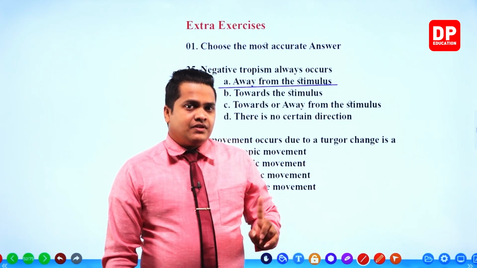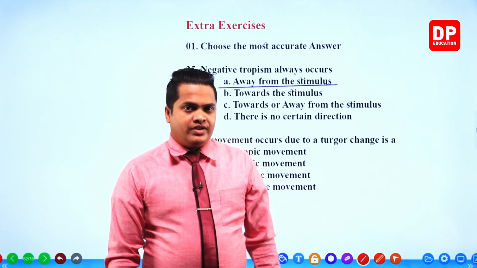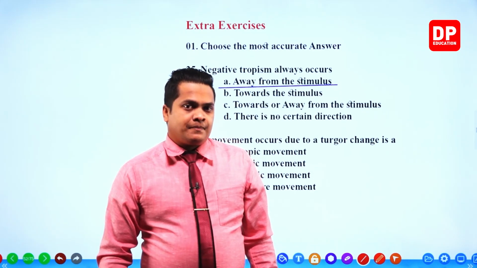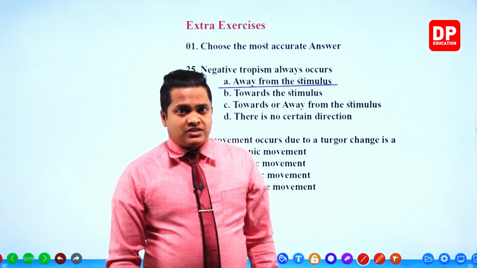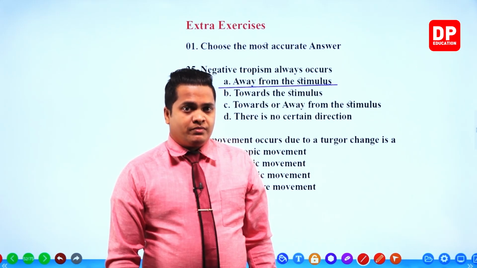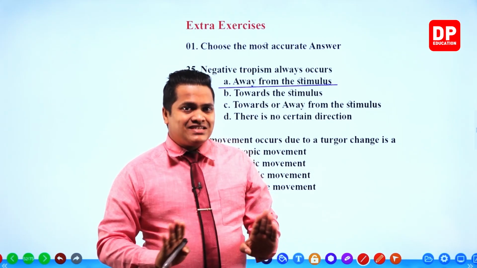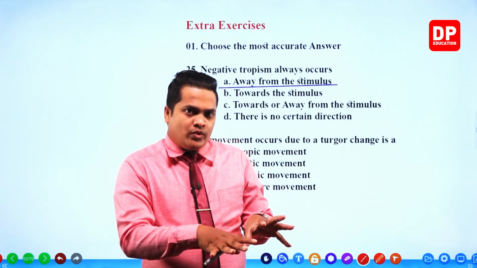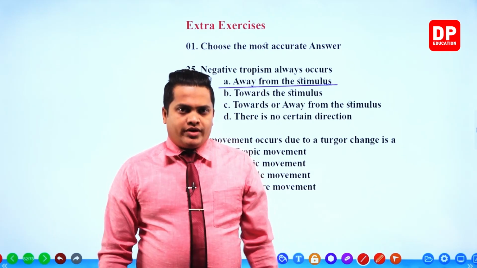These types of movements are referred to as trophic movements. And the second type, nastic movements. In nastic movements, my dear children, there is no certain influence between the stimulus and the direction of the response.